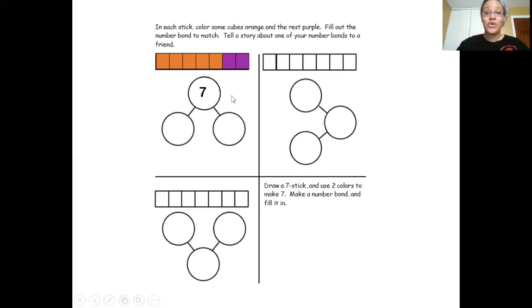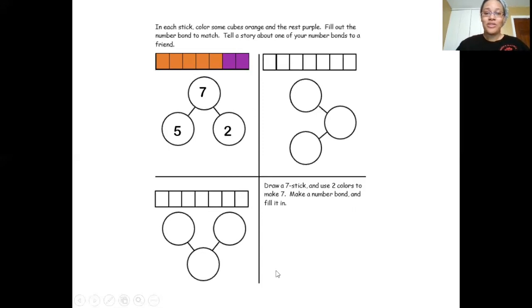Hey, 5 orange is one of our parts. And then I see 1, 2 purple. So that means 2 is our other part. So we were able to break 7 into 5 and 2. So my story is, I had 7 balls that were orange and purple. 5 of them were orange, 2 of them were purple.